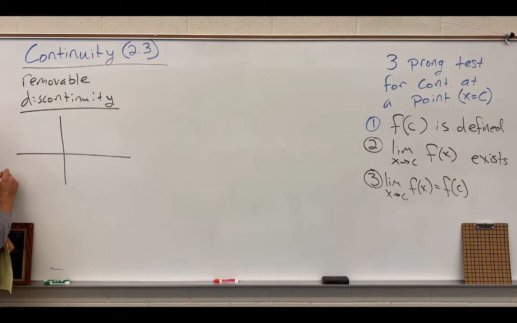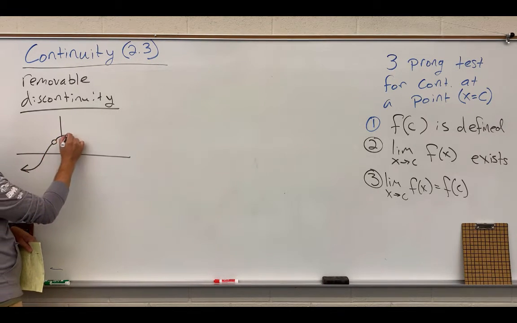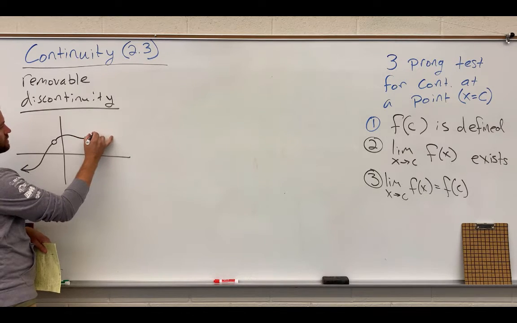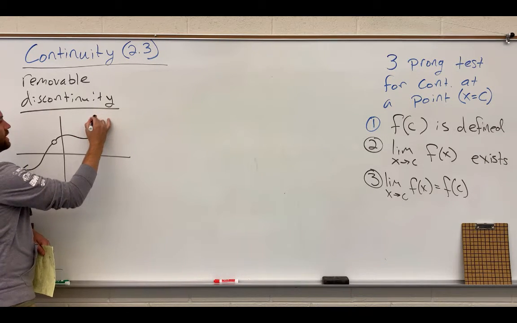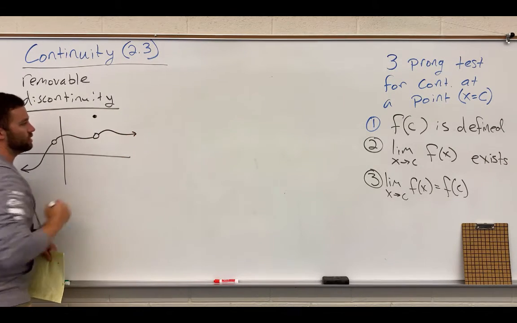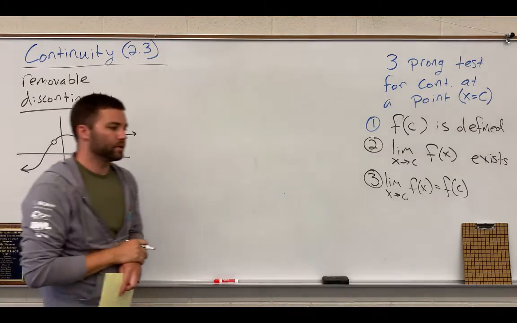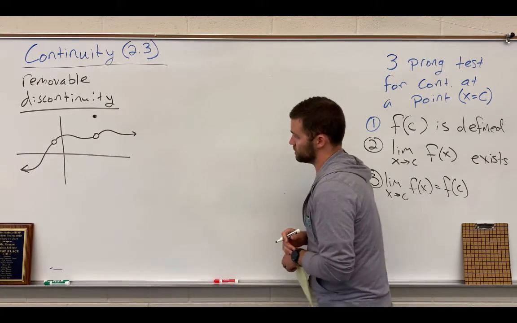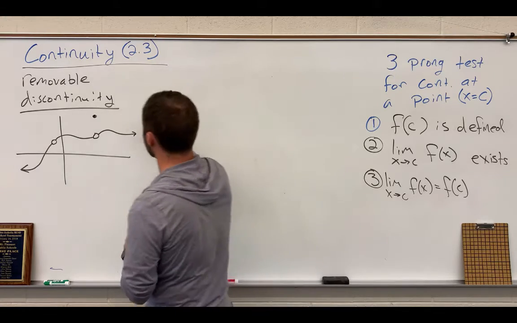So we have some arbitrary function here. Usually a removable discontinuity is denoted by an open dot. All right, and so it could be something like that. It could also be something where there's an open dot and the function exists, but it's not wherever that dot is, like we just saw in the example that I had up on the board just a minute ago. Okay? So that's removable discontinuity.